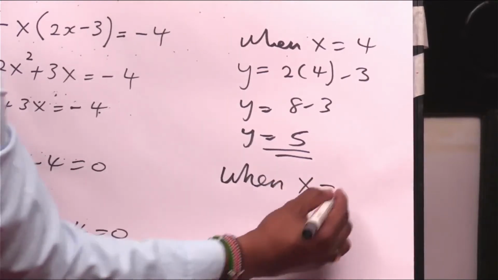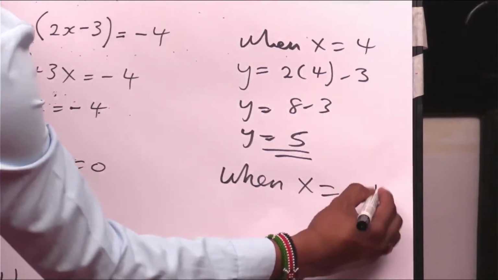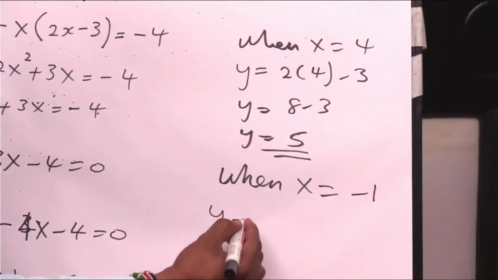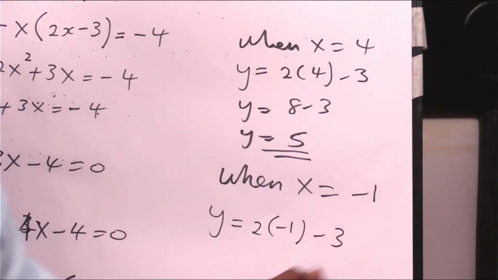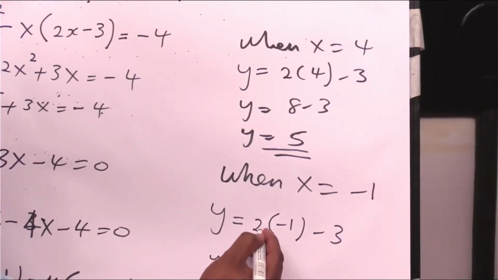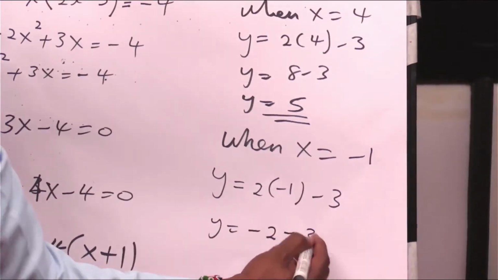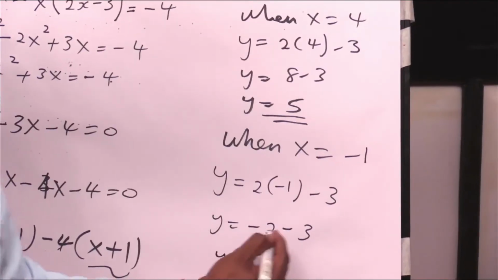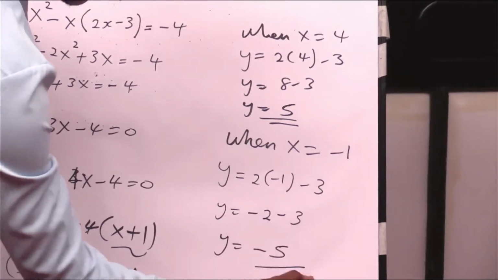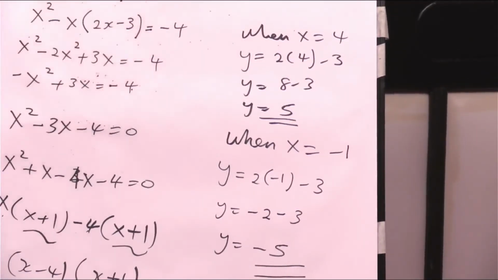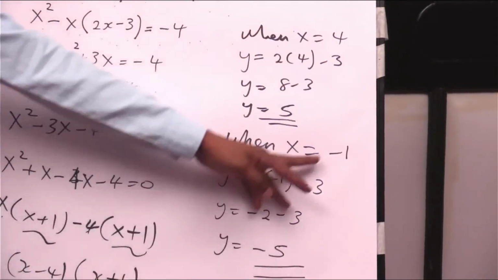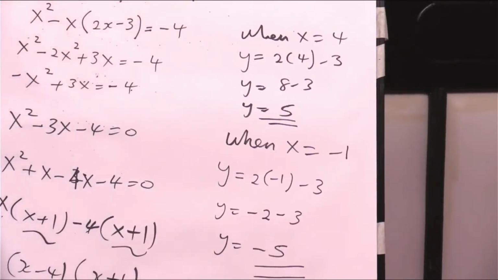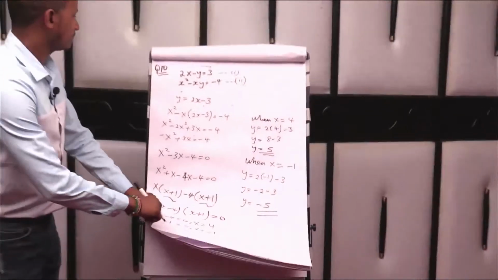When x equals minus 1 here, y will be equal to 2 into minus 1 minus 3. So y equals 2 times minus 1 is minus 2, minus 3, so y equals minus 5. So these are the values of x and y. When x is 4, y is 5. And when x is minus 1, y is minus 5. Very easy.